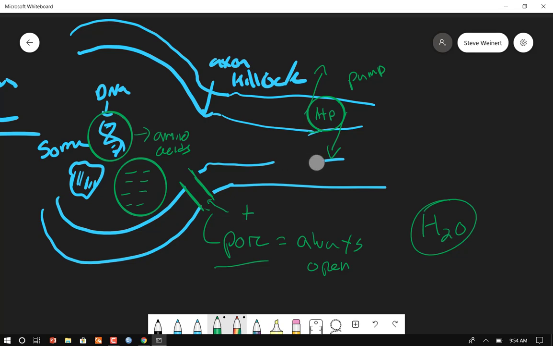So what this little pump does, why did I write ATP on it? It uses energy. It takes energy, and it kicks out sodium outside of the cell and puts potassium into the cell.